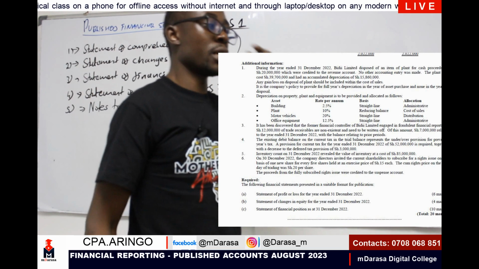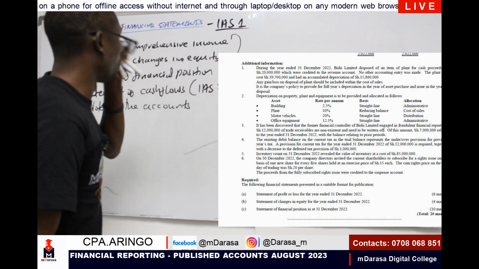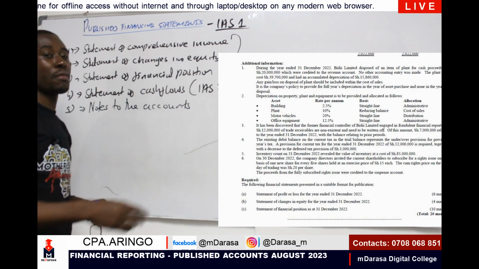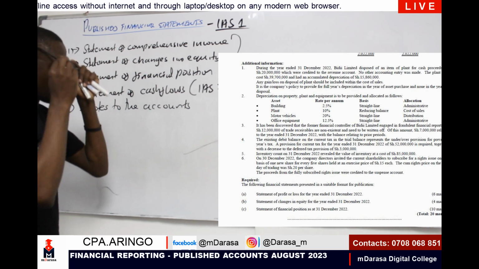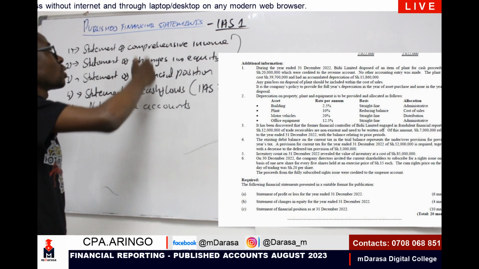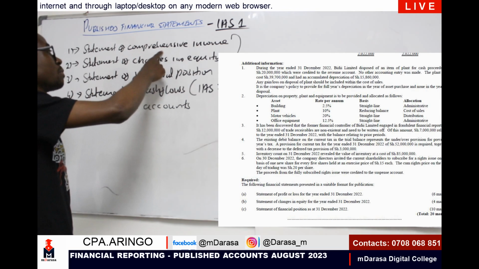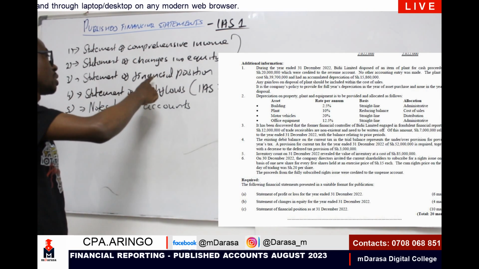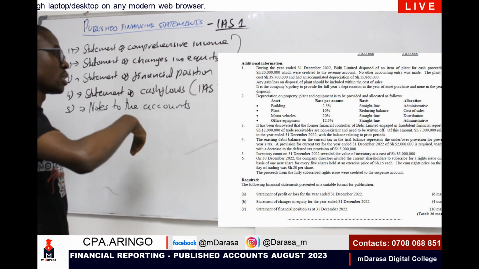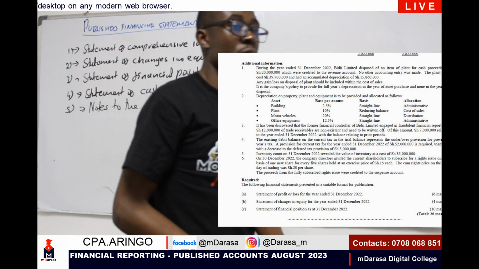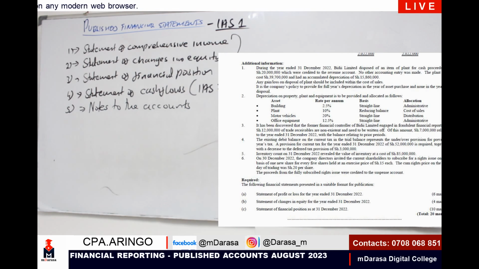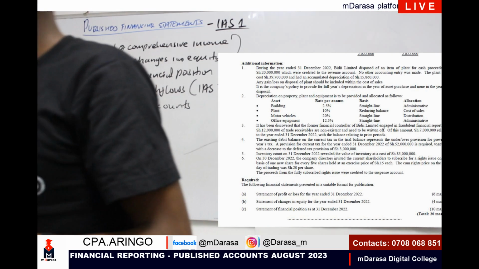And on published financial statements, recall, this is what Molimo mentioned, that we'll be having all these elements, like statement of comprehensive income, statement of changes in equity, statement of financial position, statement of cash flows as per IAS number 7, and notes to the accounts, which ideally we normally don't tend to deal with mostly here in regard to the notes. So that will make our work even much easier, because these are what you need to do.